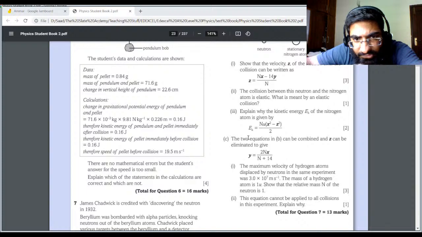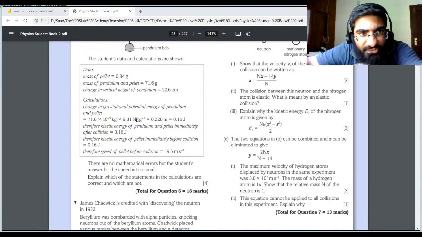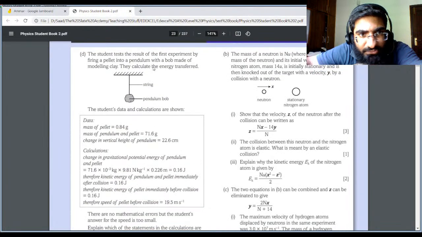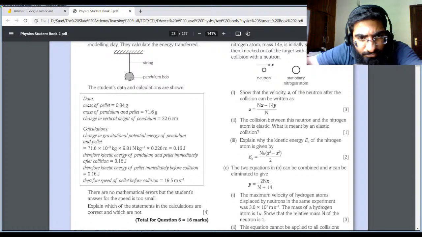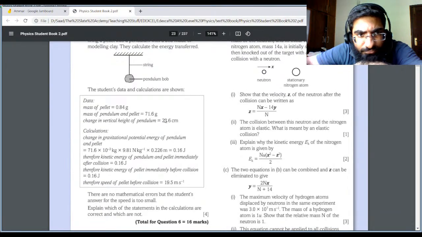After collision, kinetic energy transfers into gravitational potential energy. That is correct. Okay, does it say elastic or inelastic collision somewhere? No. Change in vertical height.